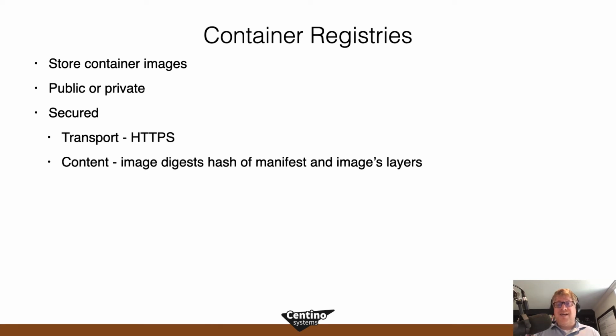And this is a key concept to really focus on inside of container images, that you want to make sure that what you're pulling down from a container registry is what the person who built the container and published it onto the container registry put there. You really want to make sure that that hasn't changed. And that's done by a series of digests or hashes on the container image's manifest or its definition, and then also the image layers that it's comprised of. And so very important there, knowing that what was published is what you're consuming.